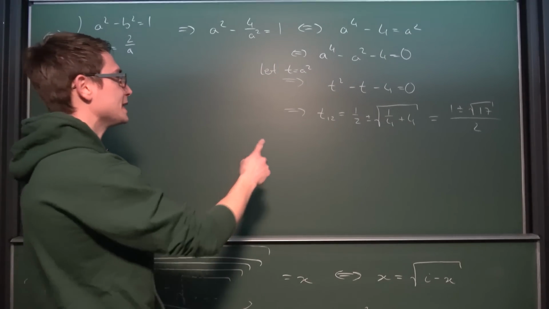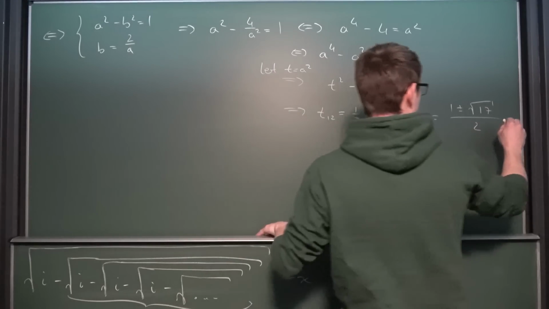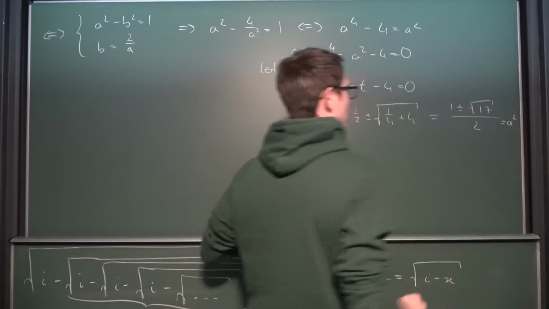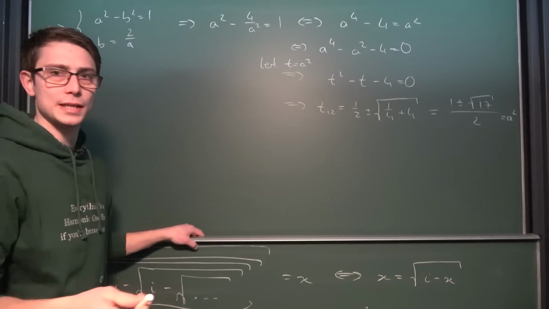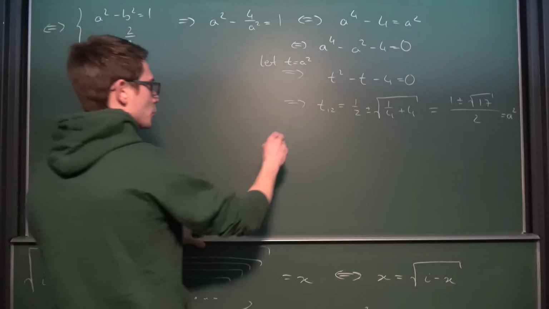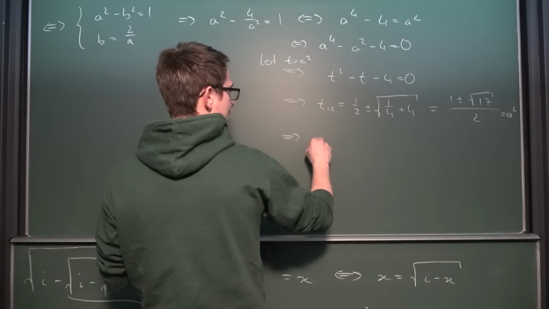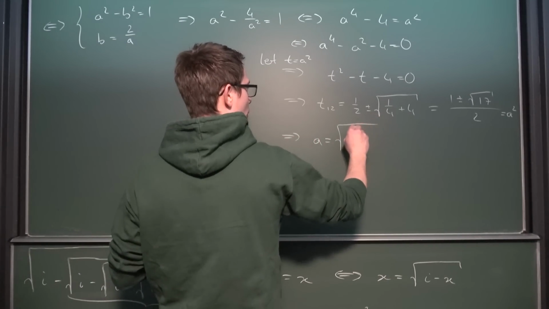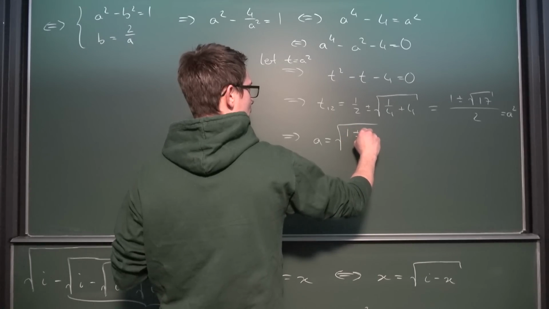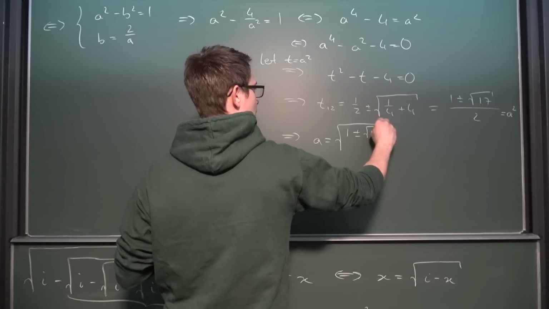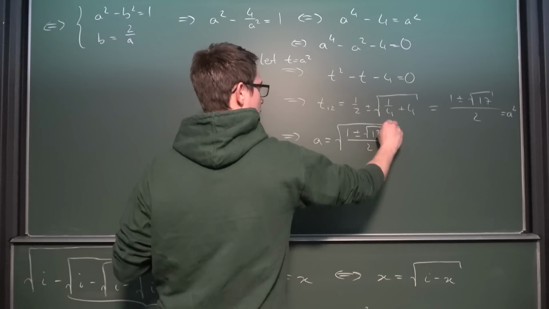And remember, t is nothing other than a squared. So what we can now do is take the square root of this whole thing, giving us overall that a is equal to the square root of 1 plus or minus the square root of 17 over 2.